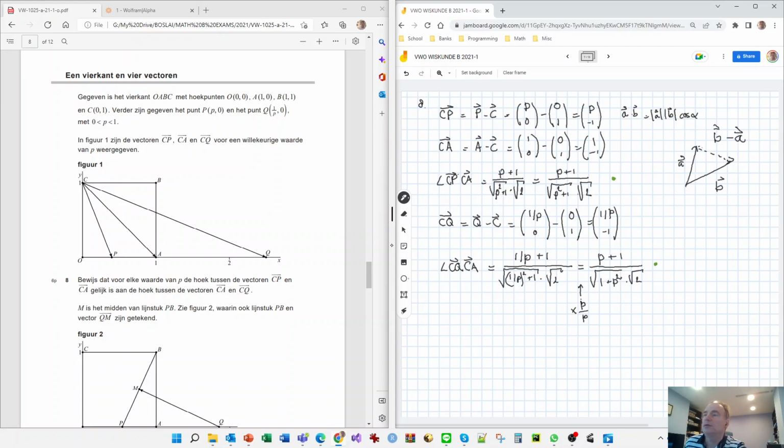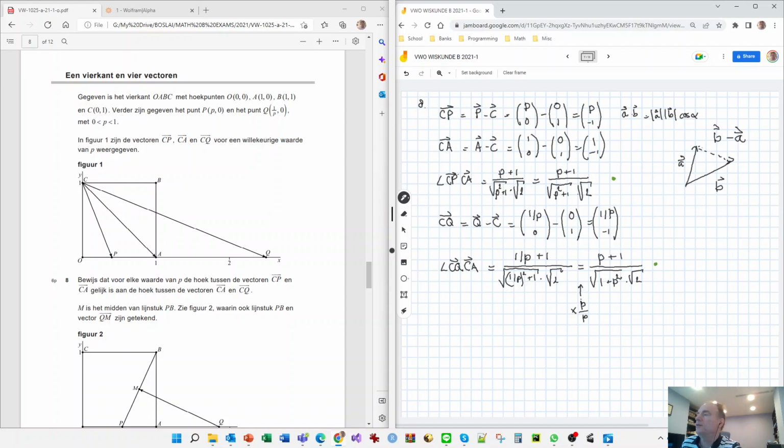And now also calculate the other angle between CQ and CA. We already have CA here, so we just need to find what QC is. Well, Q here, the x coordinate is 1 over P, and etc. You just easily find this vector for CQ.